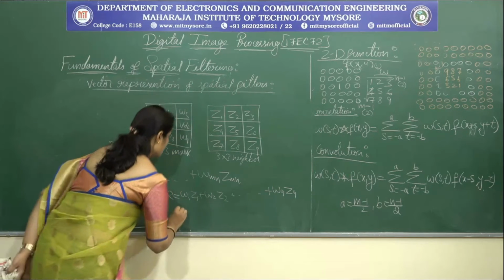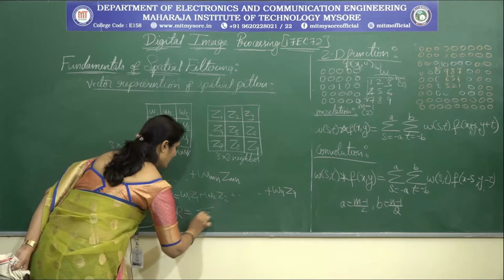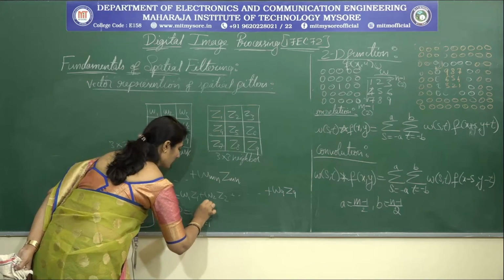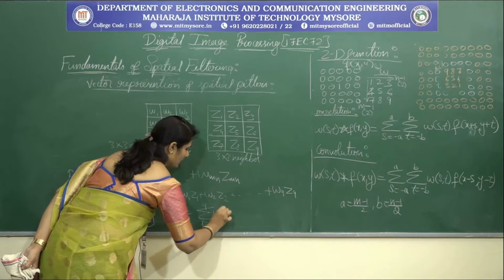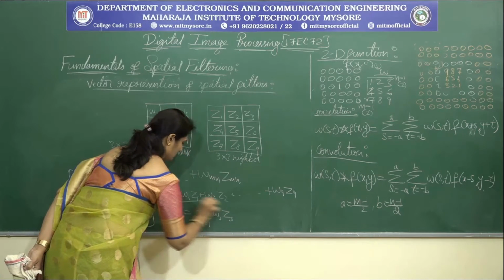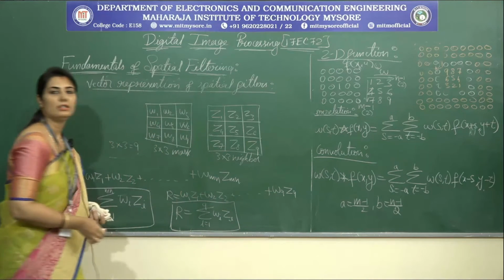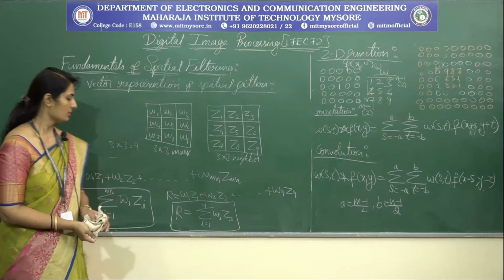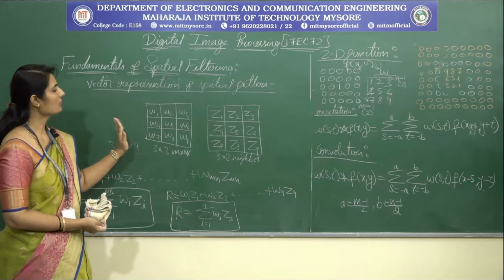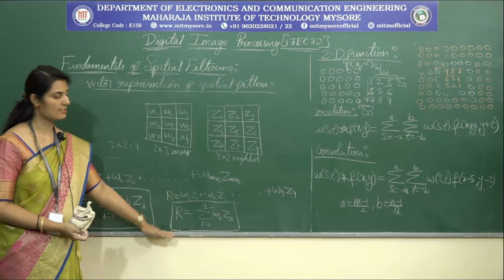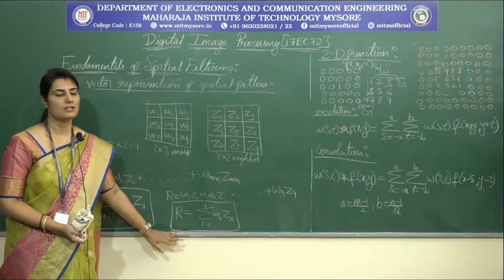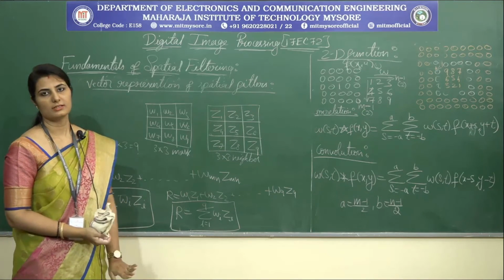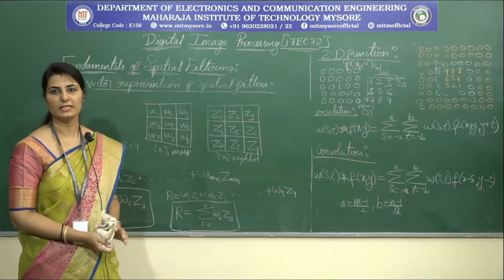Therefore this can be written as summation i equals 1 to 9 of Wi Zi. So this is how we represent the spatial filters in vector form. This is all about the fundamentals of spatial filters.